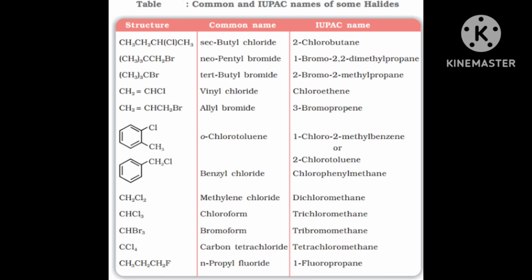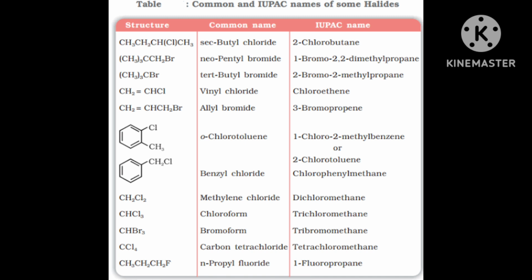Then you can tell symmetric means same, uniform type; unsymmetrical means different. Then you can tell symmetrical-tribromobenzene.